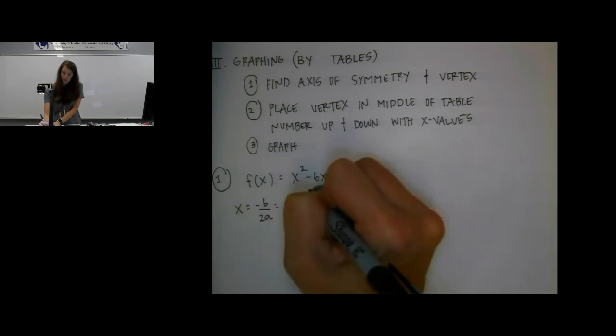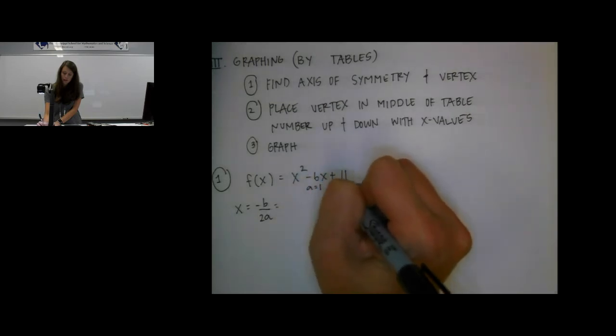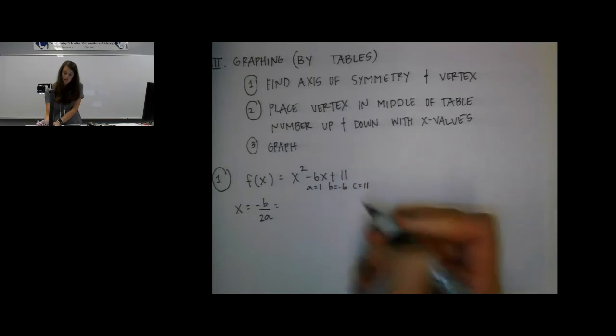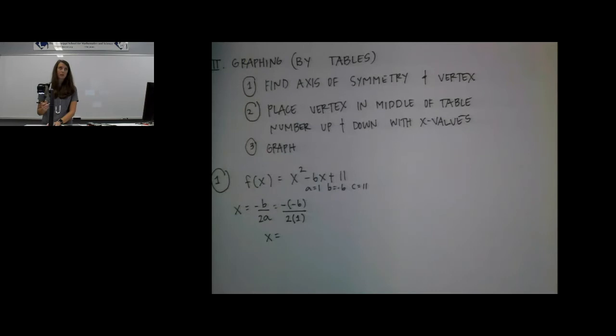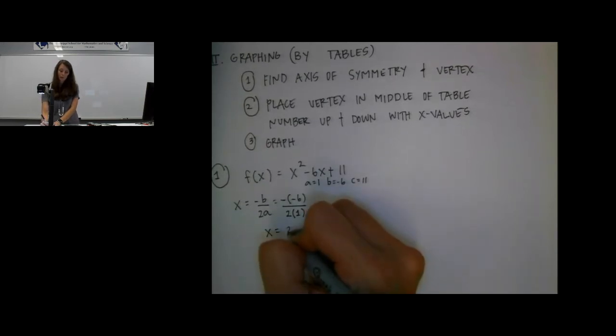So a is 1, b is negative 6, c is 11. So it's going to be a negative times a negative 6 all over 2 times 1. So your axis of symmetry is going to be a positive 6 divided by 2, which is going to be 3.